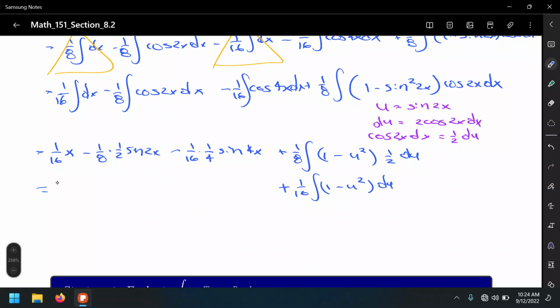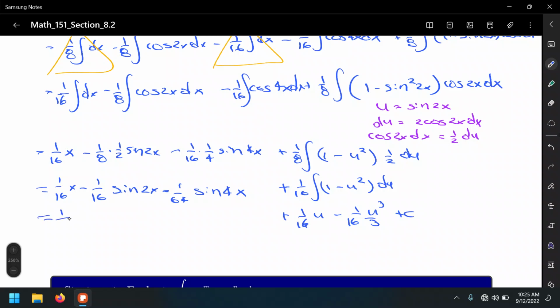Let me just write this again and simplify the coefficients also. 16 times 4 is a 1/64. So let's just integrate 1, which is going to be u. 1/16 u minus 1/16 u cubed over 3 plus c.